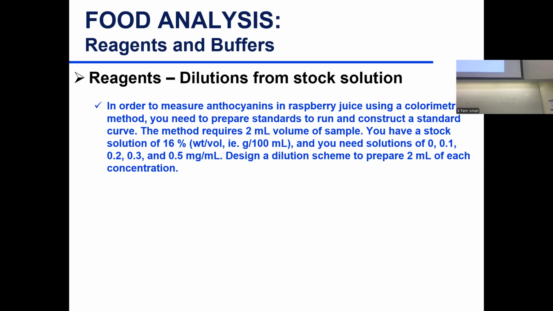Okay, so now I just solve for this to see what the concentration should be of my starting stock solution. So if I do the math, it will come up as 1.6 milligram per ml. Correct? Are we following?